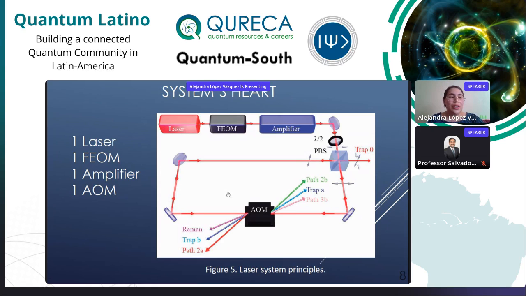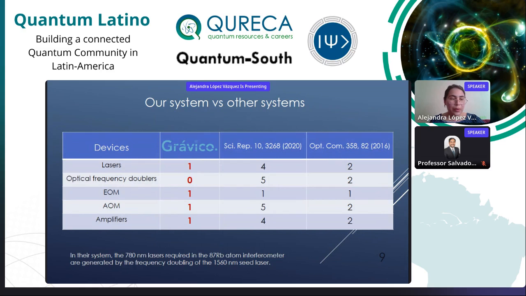Y bueno, ustedes se preguntarán si estos sistemas ya existen en el mundo. Y pues la respuesta es sí, ya existen este tipo de dispositivos en el mundo, pero la diferencia con nuestro dispositivo es que solo necesita una de estas componentes.